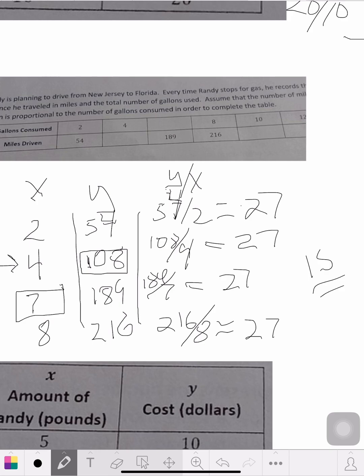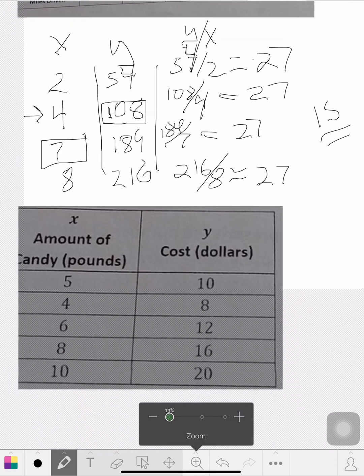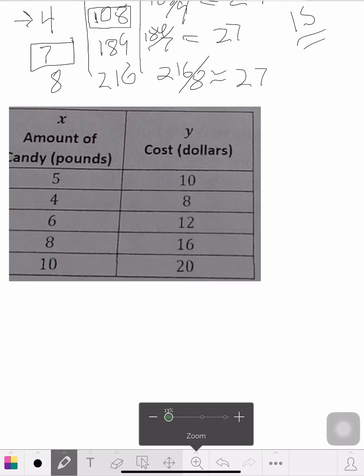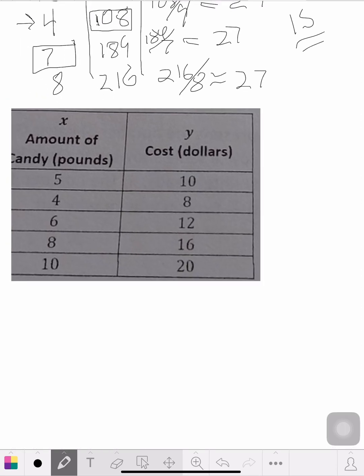They showed it on a different type of chart, okay? But you just make your own chart underneath it, and then you fill in your values. Let's go down to the last one. Now this one is amount of candy. Make my own chart. I'm going to take the y over the x because it's bigger.